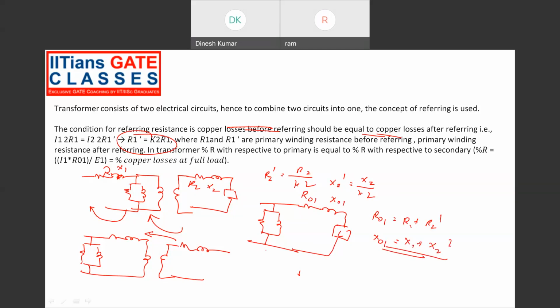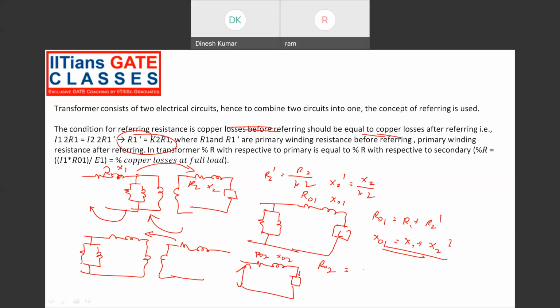There is another way also. We can refer the primary resistance to the secondary side also. Then the circuit will look something like this. We have the load here and the supply voltage. This is called R02 and this is called X02.